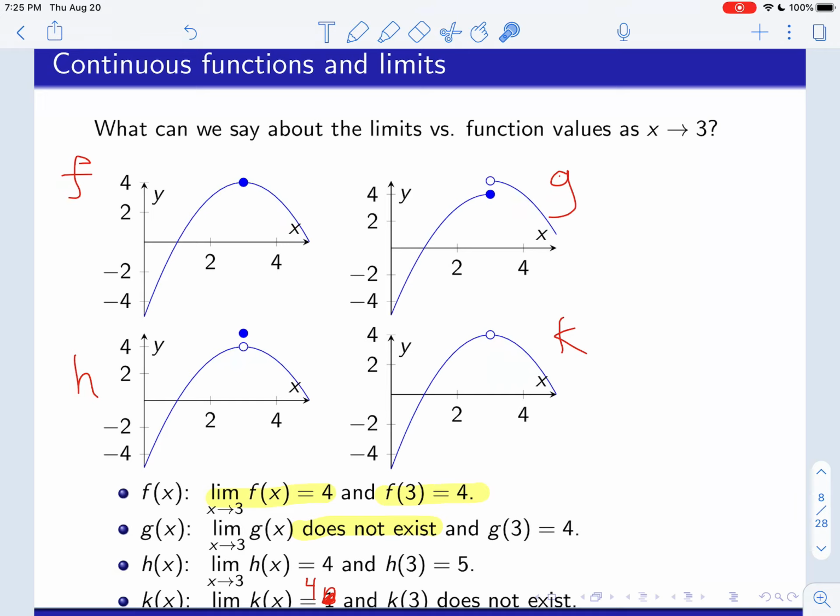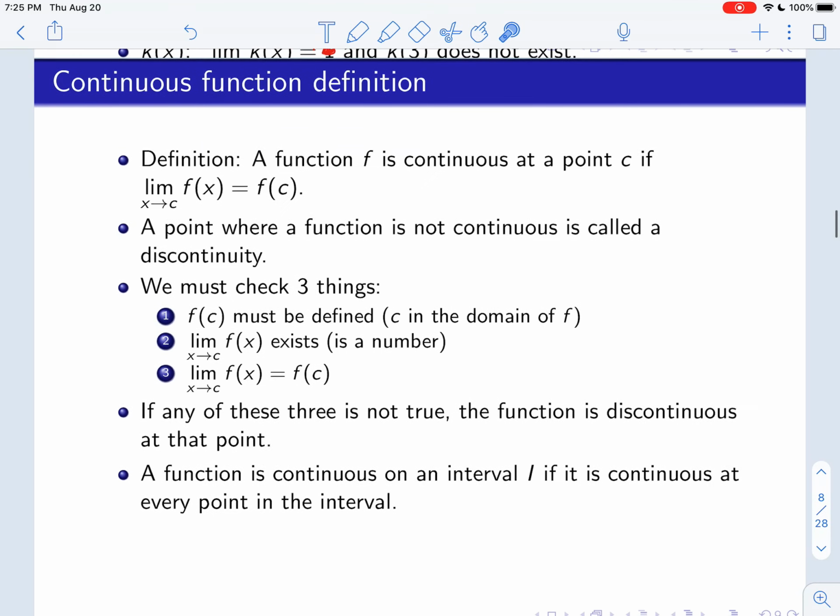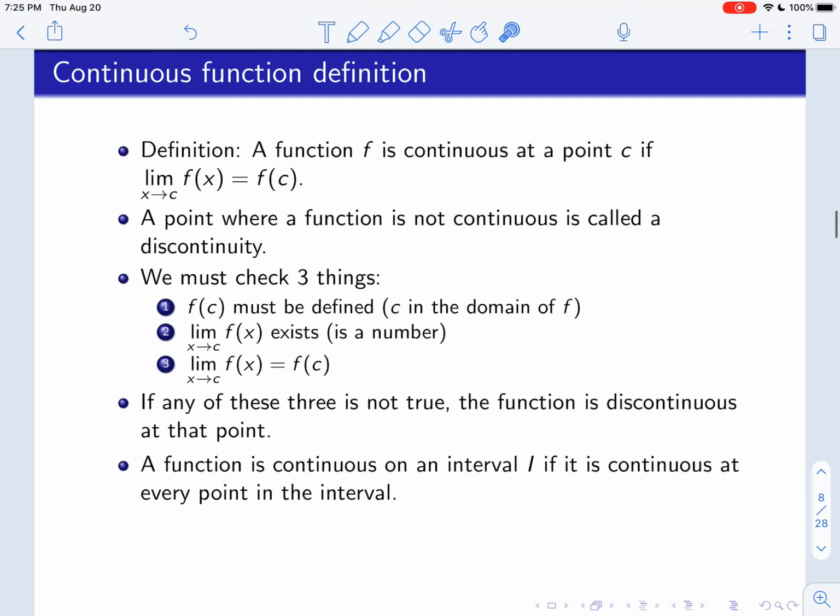So it turns out that we're going to be able to define what it means to be continuous in terms of limits and function values. All right. So a function gets to be continuous at a point. Here's how you check and find out: if the limit at that point is the same number as the function value.